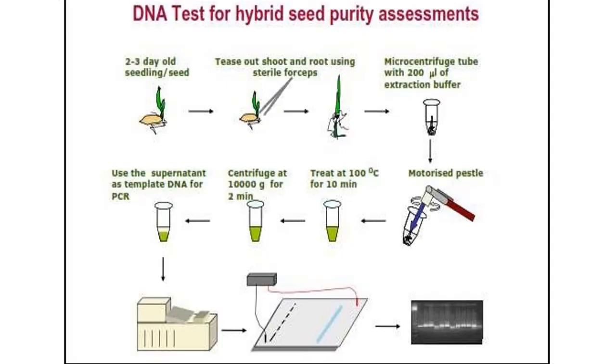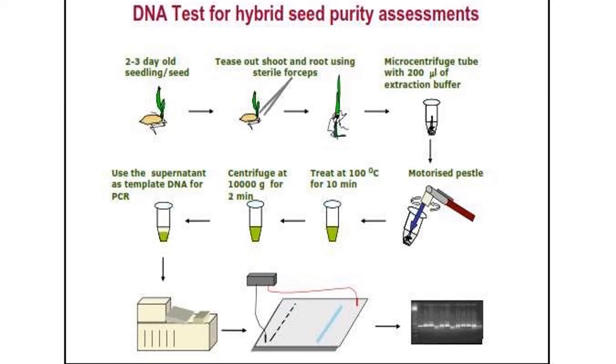This is DNA test for hybrid seed purity assessment. The procedure follows. First, 2 to 3 day old seedlings are taken and then tease out the shoot and root using sterile forceps. Then microcentrifuge tubes with 200 microliters of extraction buffer.